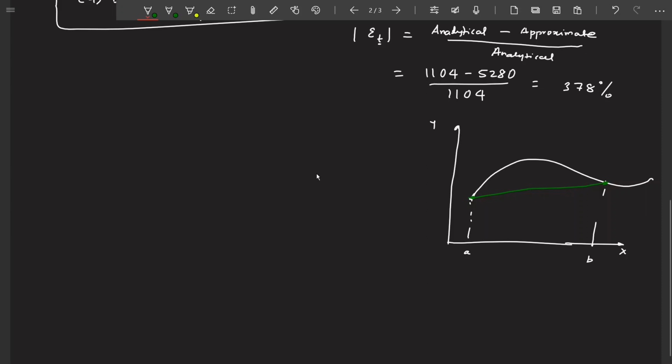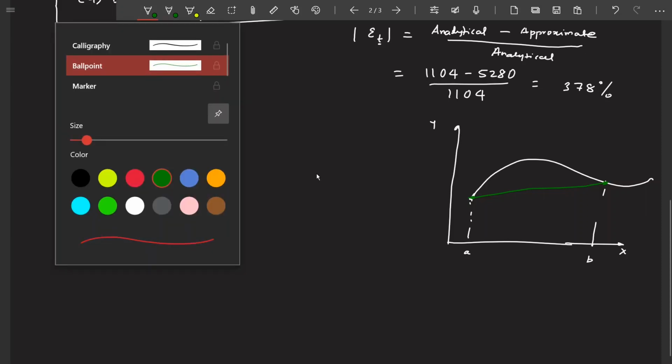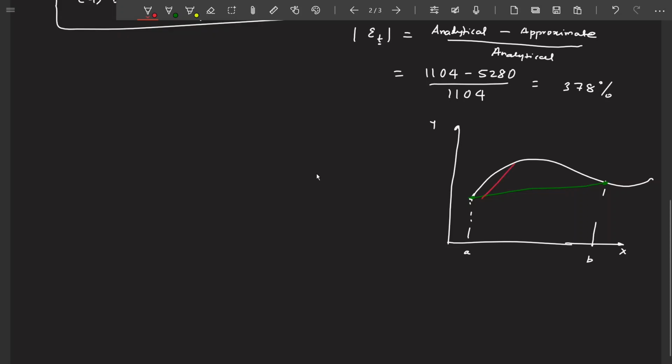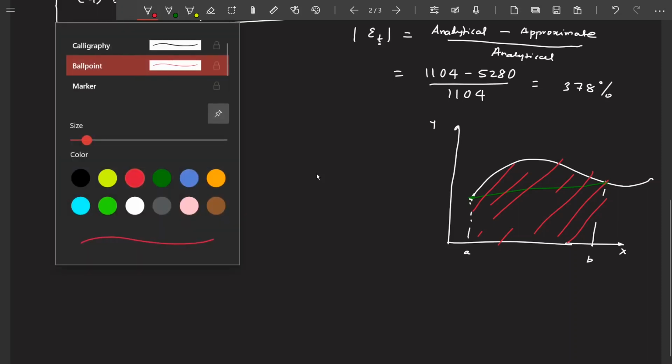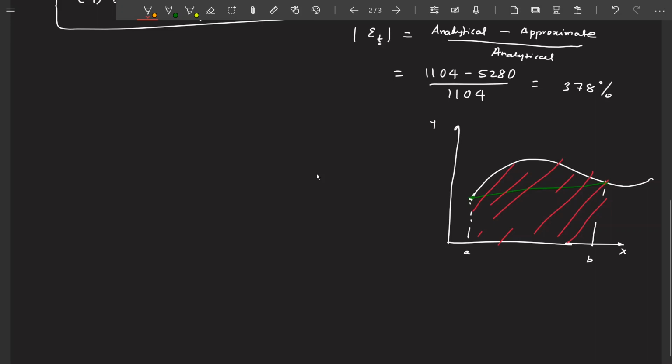Because the real area under the curve is this. Analytically, the area under the curve is the red one, and when you find the area under the curve numerically by single application, you get this.